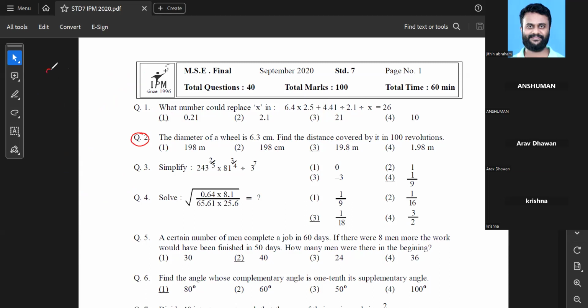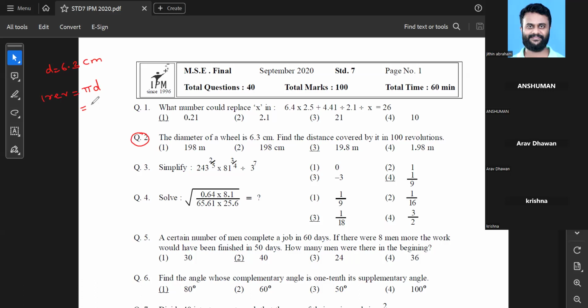So if diameter is 6.3 centimeter, in one revolution it will cover pi multiplied by d distance.